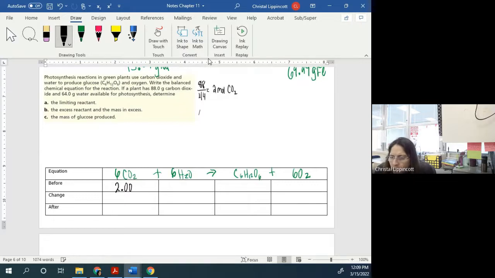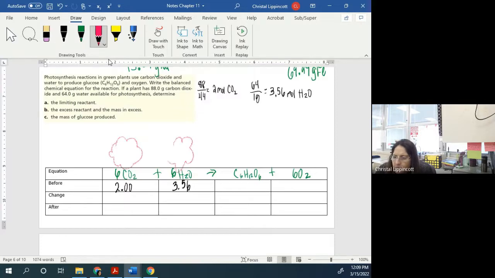And then for my water, I'm going to have 64 divided by 18. That's going to give me 3.56 moles of H2O. Okay, then we're going to figure out our clouds.